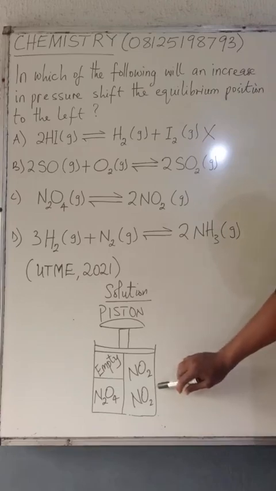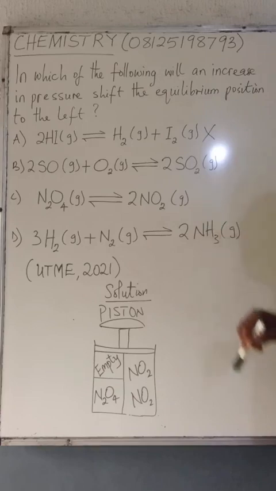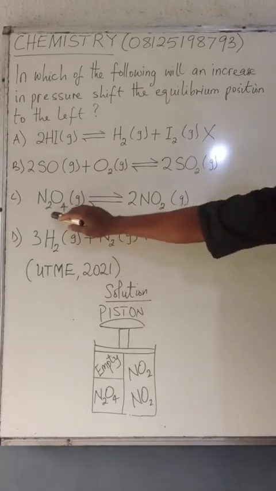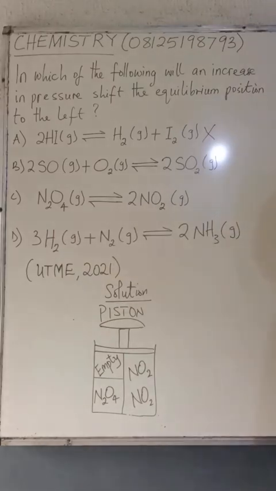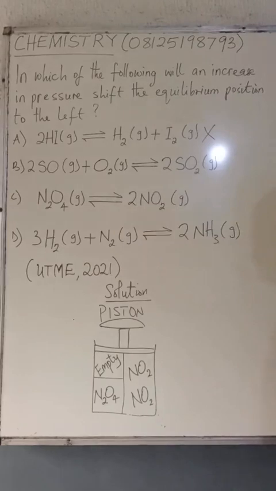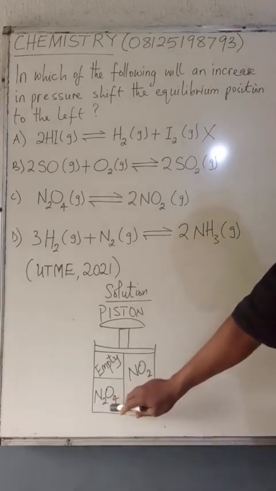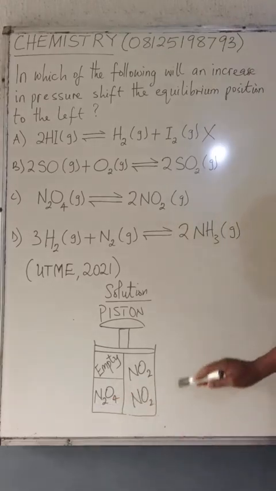This diagram is illustrating option C, where we have an oxide of nitrogen which decomposes to give us 2 volumes of nitrogen dioxide. That's what we're trying to explain here. The reactant has just 1 volume, N2O4, and the product has 2 volumes. That's why we wrote it 2 times.